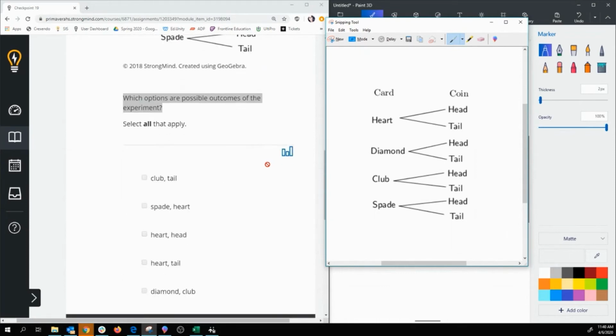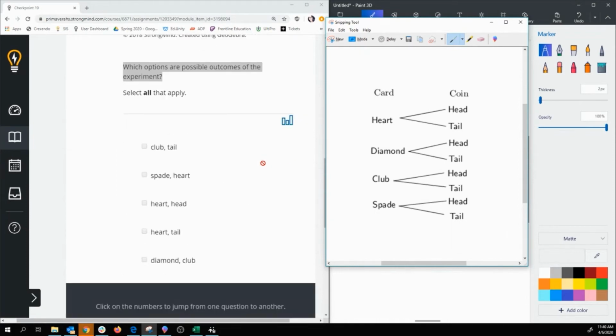Okay. So based off of this tree diagram that we have here, right, what would be possible outcomes that we could have based off this tree diagram here? Remember, we need to have a card suit and we need to have a coin flip in our possible outcomes.